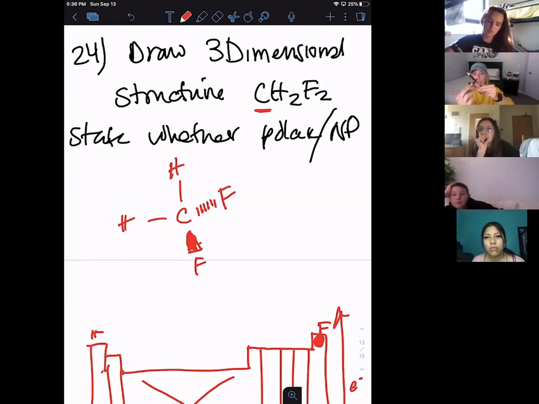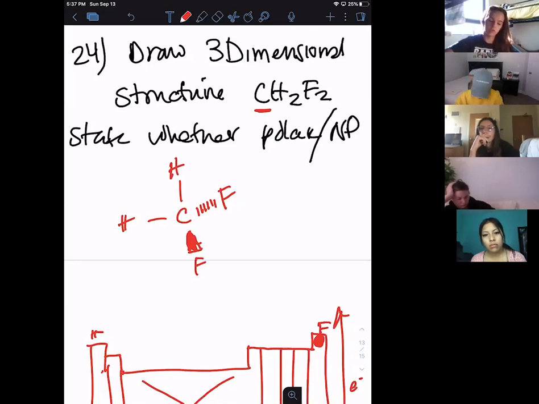Our molecule is doing something like this, where we have my pens, two pens are coming at you, one pen is coming at you, but the back of the pen is facing me. And that's what's happening with these fluorines. One fluorine is facing you, and one fluorine is facing me, and then hydrogen is facing that way, and the other hydrogen is facing out, okay?